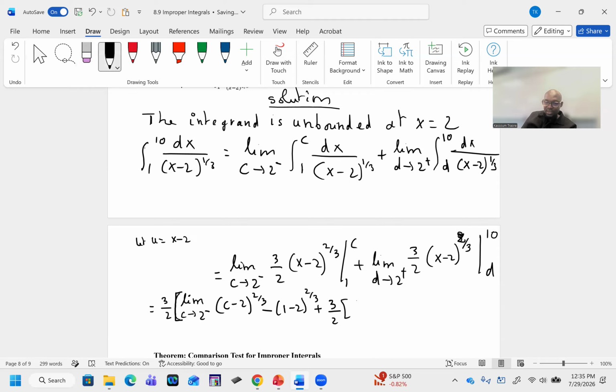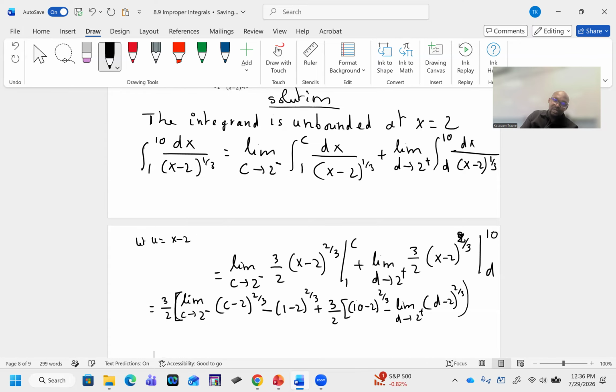So we'll have 10 minus 2 to the power of 2/3, minus the limit as d approaches 2 from the right, d minus 2 to the power of 2/3. Okay.